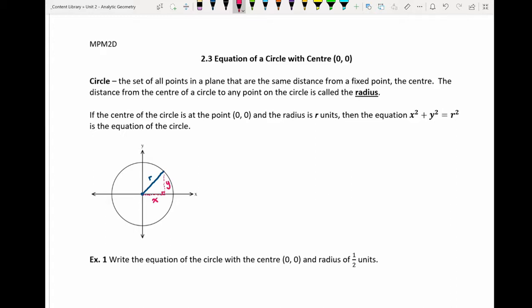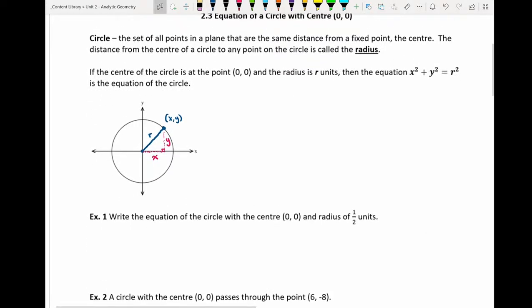It's very similar to the length of a line segment, although because one endpoint is (0, 0), when you subtract 0, it doesn't change anything. So whatever point the radius touches, it's just going to be x and y from that point. That's where we come up with this formula.